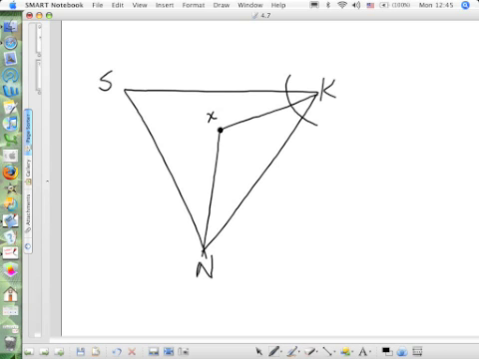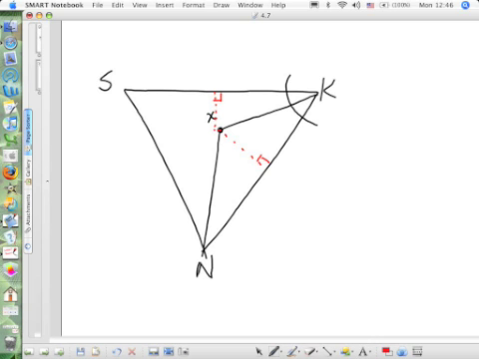SK and NK. And if I was going to actually draw those little segments, what would they have to be? How do you know which one's the vertex? Because it said X lies on the bisector of angle SKN, and the vertex is in the middle.